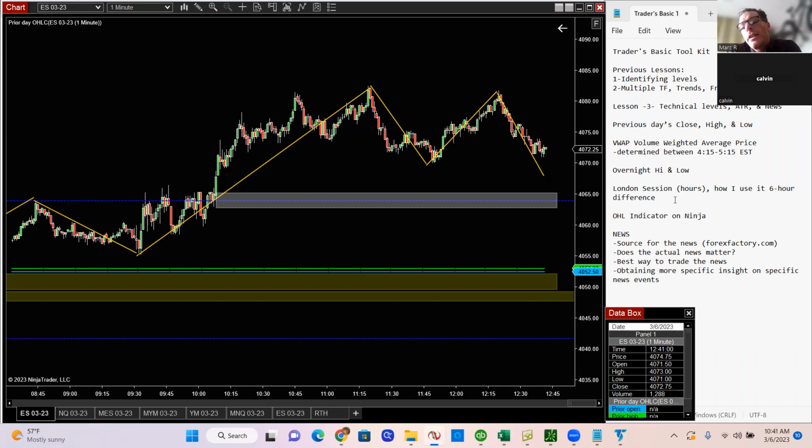Okay, they're going to calculate that between 4:15 and 5:15 p.m. Eastern. So the close at 4 p.m. of the regular session, for example, the regular New York session closes at 4 p.m., but you'll still see your chart moving until 4:15. The close is not the same as settlement price.